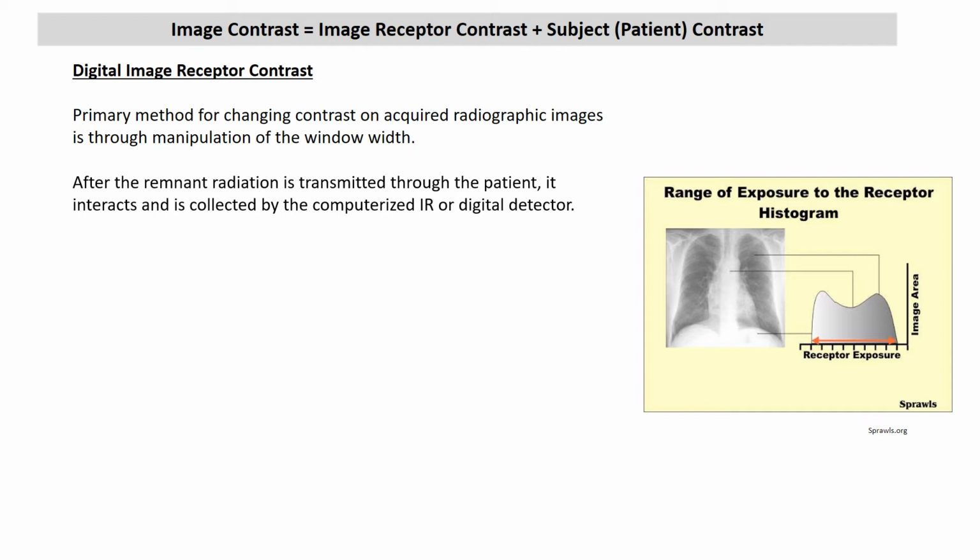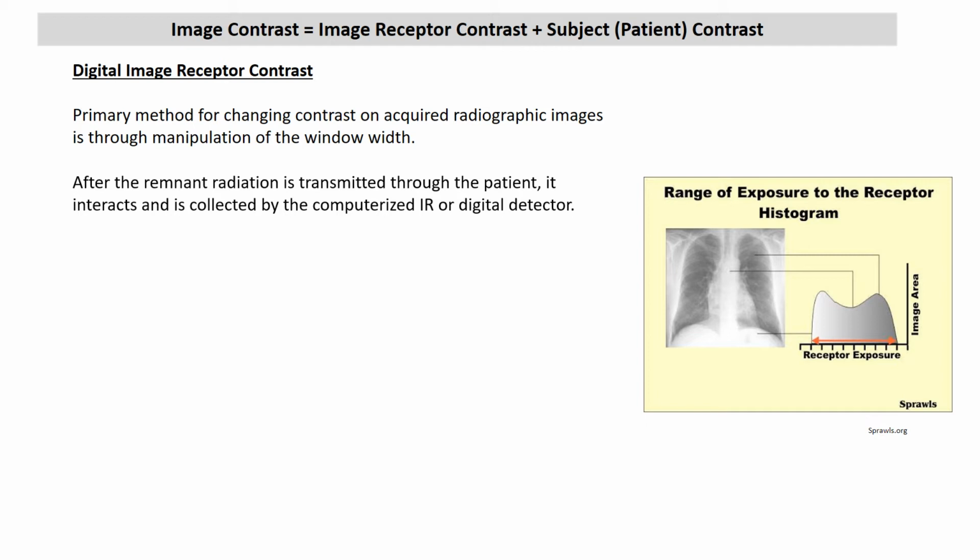So what really happens? Well, after the remnant radiation is transmitted through the patient, so we've taken the x-ray, some of it gets absorbed through photoelectric interactions, some of it gets scattered by Compton, and some is transmitted. So whatever's in that remnant beam, after it is transmitted through the patient, it interacts and is collected by either the computed radiography image receptor or a digital detector.